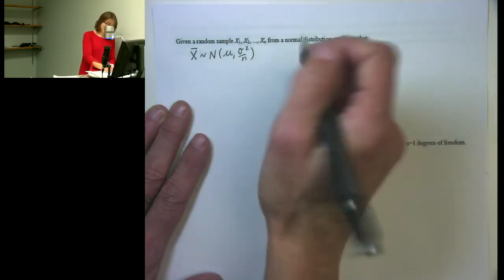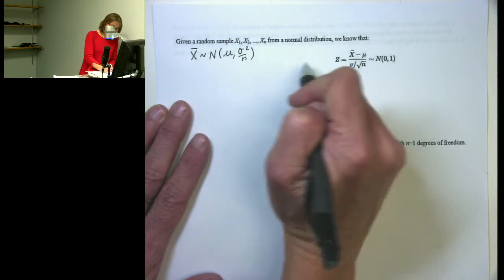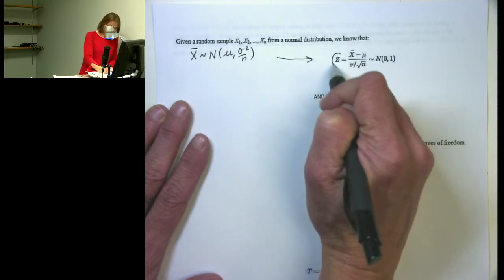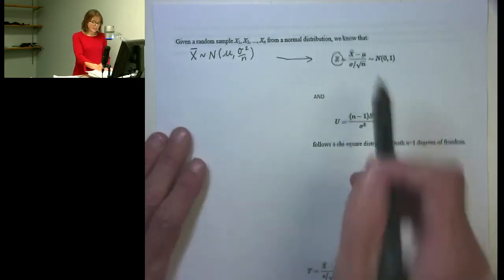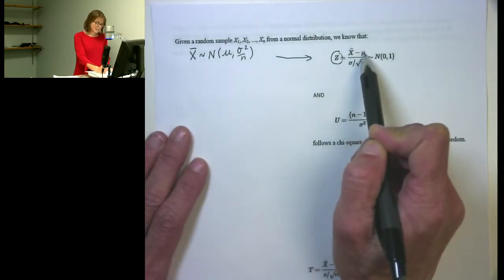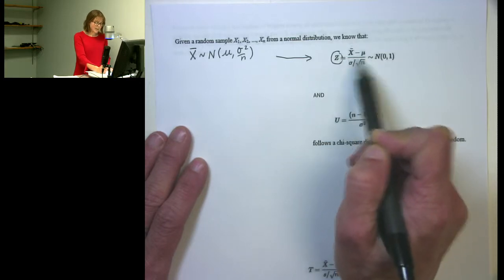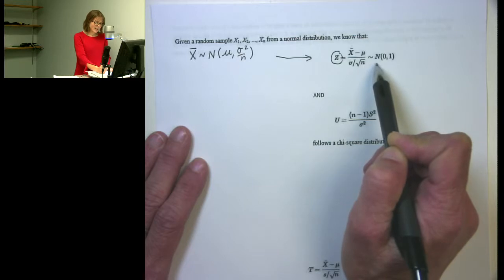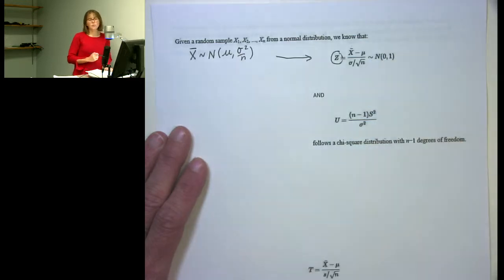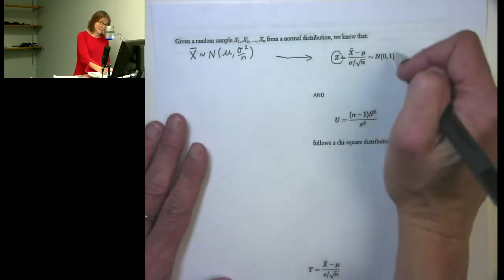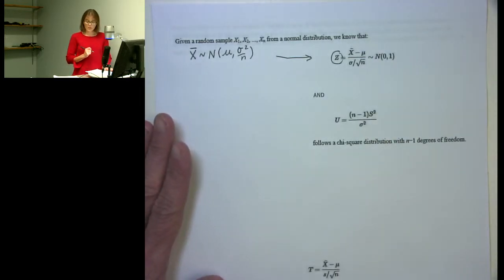By standardizing this, the quantity Z, which is the sample mean minus its population mean, divided by sigma over the square root of n, has a normal distribution with mean 0 and variance 1, so that's a z distribution.